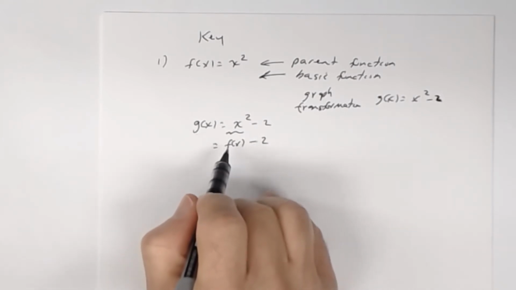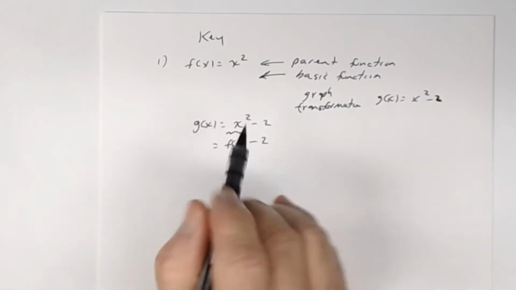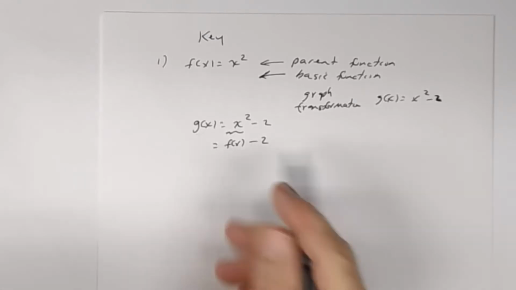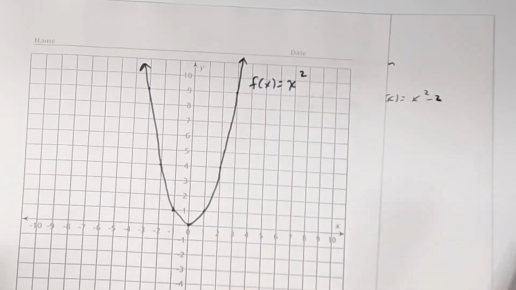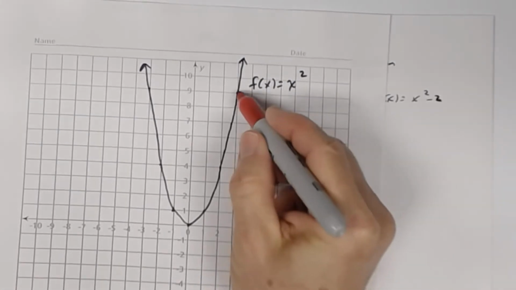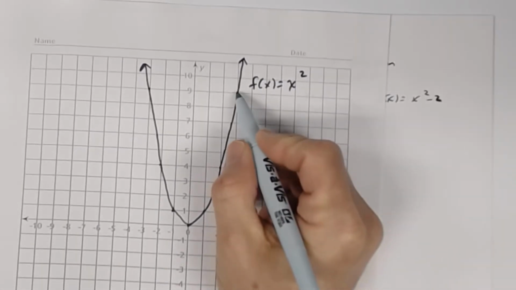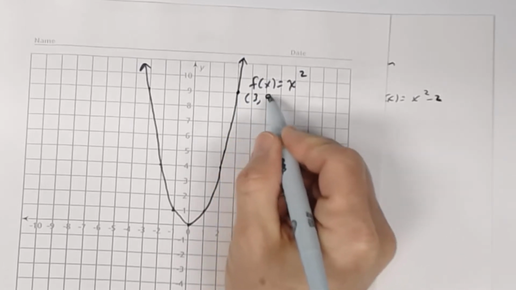Now remember guys, f of x means the same thing as y, right? So if I look at this point right here, and let me go ahead and label that point. If I label this point right here, that is the point 3, 9, okay?